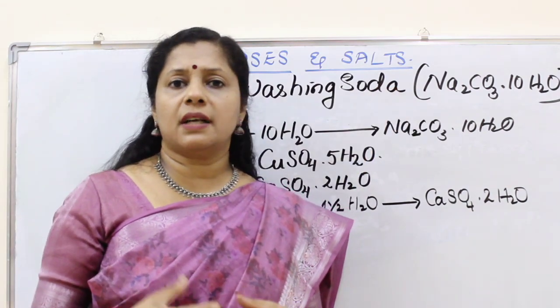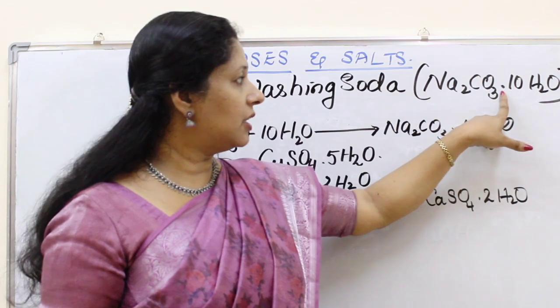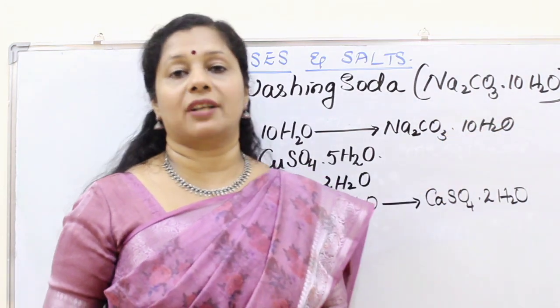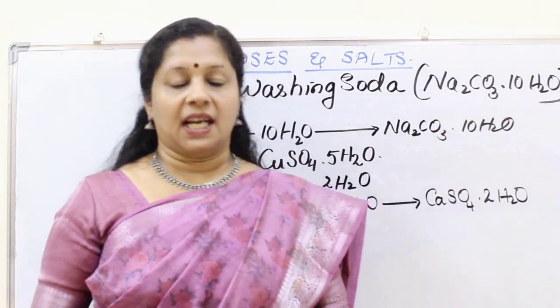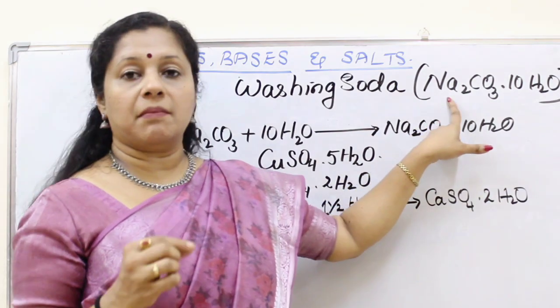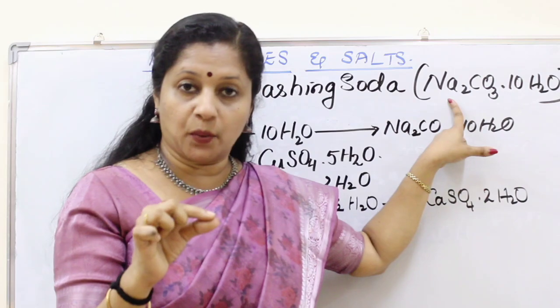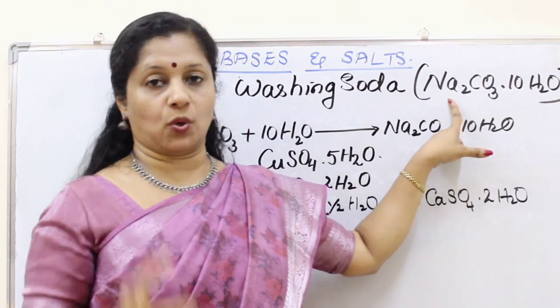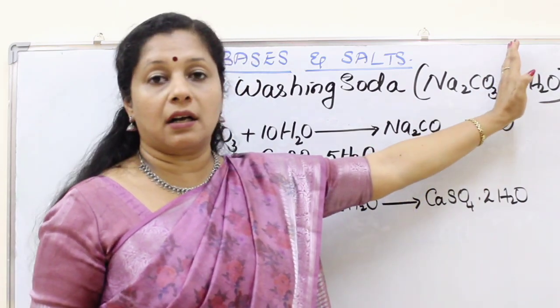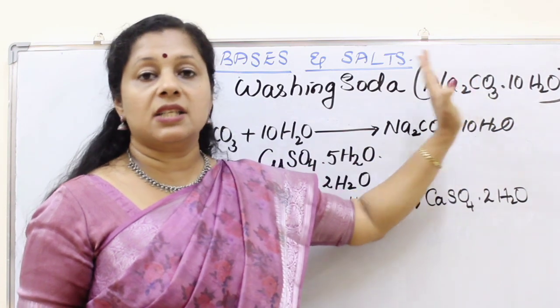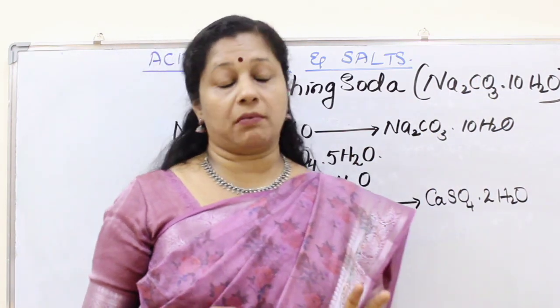So this is the first time we are seeing some formula like there is a dot coming and some molecule of water is coming. What does this mean? It means this sodium carbonate has got 10 molecules of water associated with it to make it washing soda. So without this 10 molecules of water, this is not having those properties.